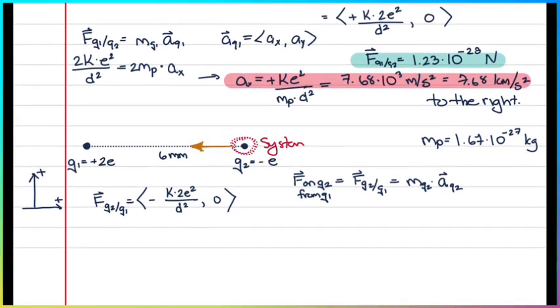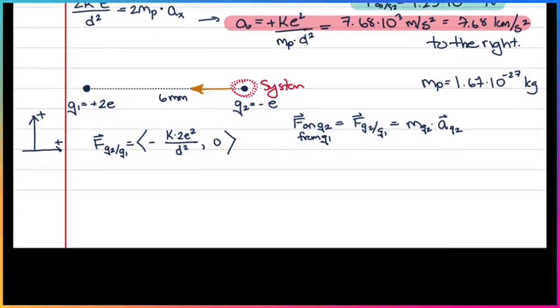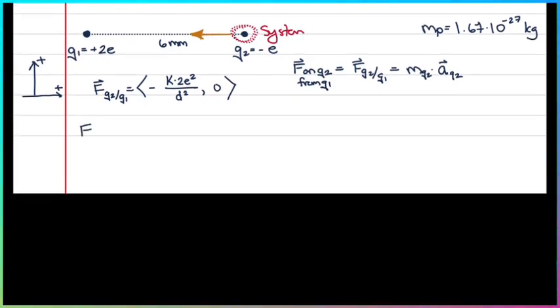Now, where Newton's third law comes in, just to remind ourselves of Newton's third law, if you write it out with my absurd subscripts, this will be an aside, Newton's third law just says that the force on, say, system 1 from system 2 is equal to negative the force on system 2 from system 1.